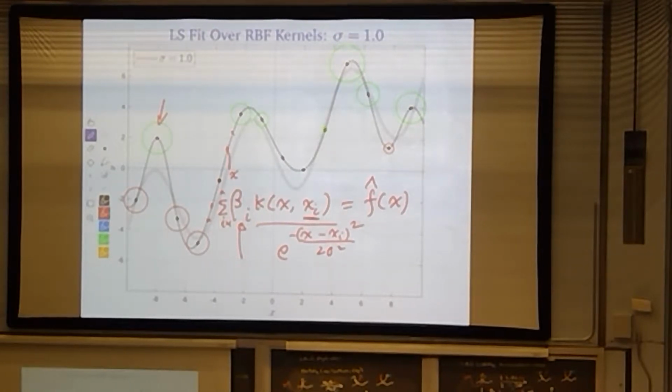Does the black curve move at all? It doesn't move. So that means least square regression over RBF basis located at the training instances produces exactly the same solution as kernel regression using RBF kernel.